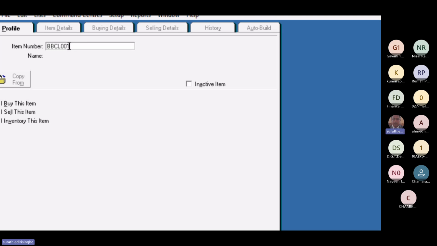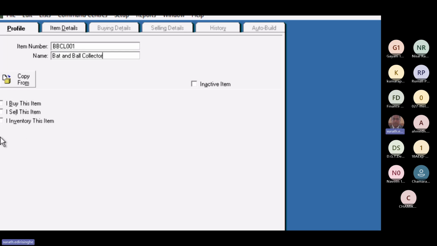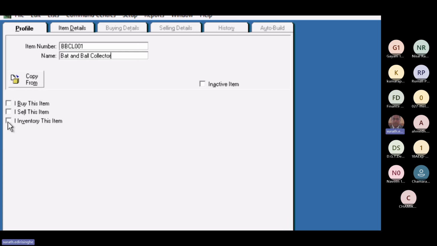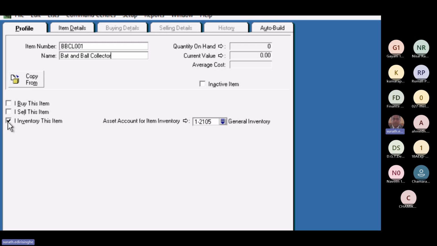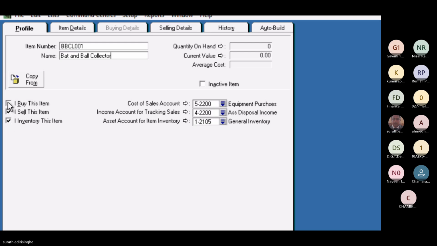Meaningful code, bat and ball collector. Right. I inventory this item. I sell this item. I buy this item. Complete.